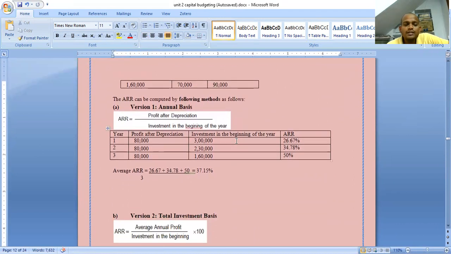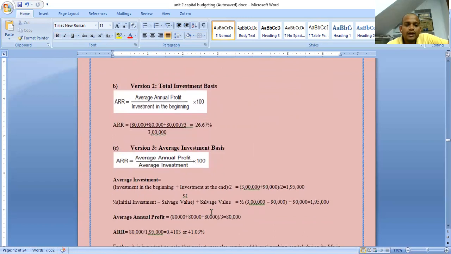So this can be calculated in various methods. First one is annual basis. So annual basis and total investment basis, and the third one is average investment basis. So there are three versions.